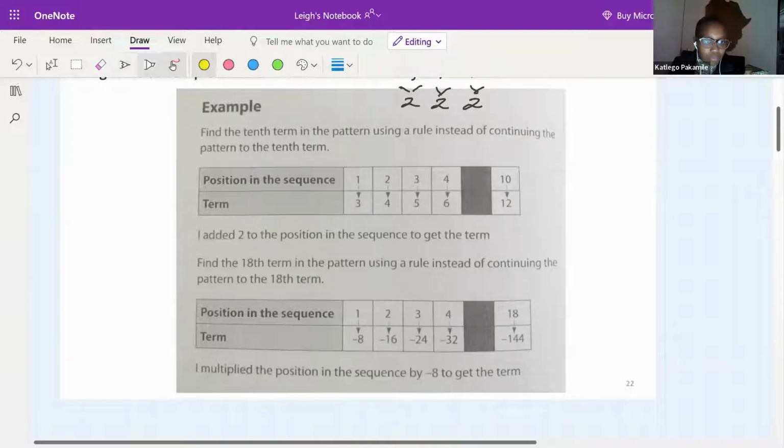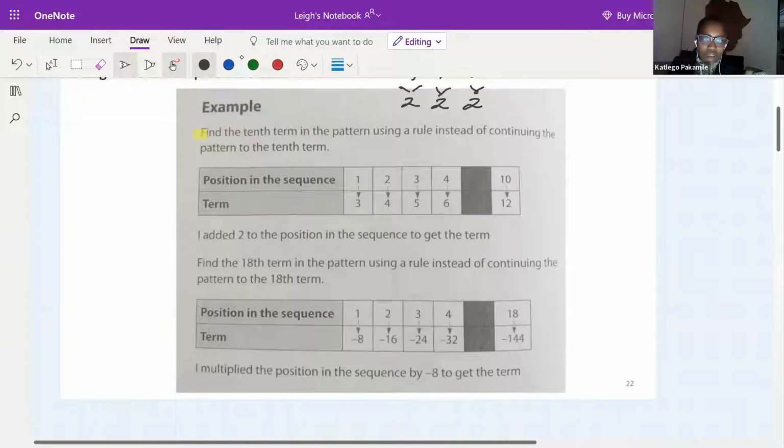Here, it says, find the 10th term in the pattern using a rule instead of continuing the pattern to the 10th term. So instead of writing 3, 4, 5, 6 until you reach the 10th term, you have to find a rule that makes it easier for you to do that, right? So let's start with this example.